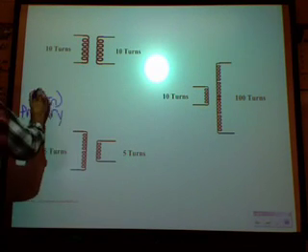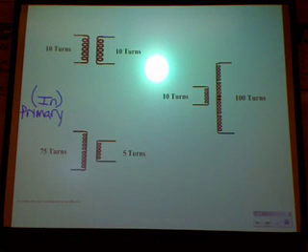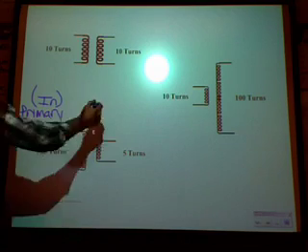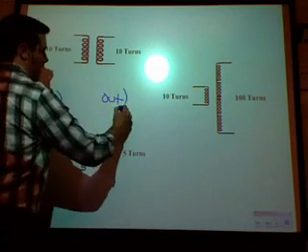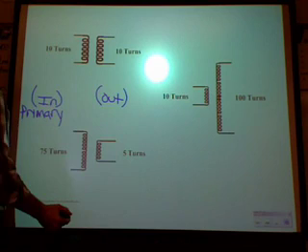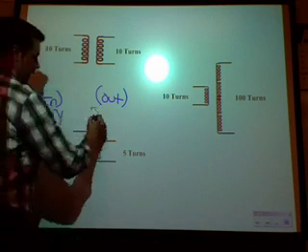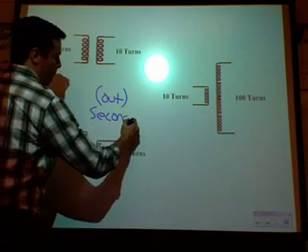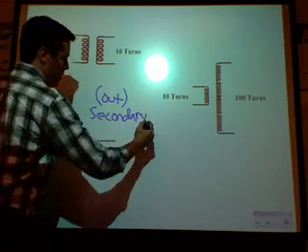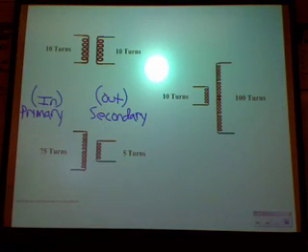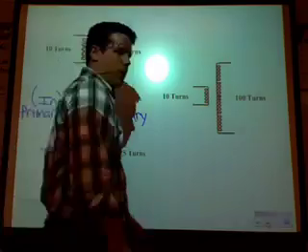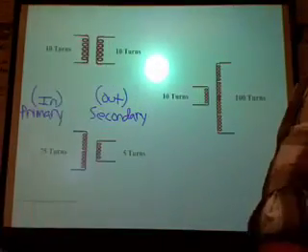Primary. That's the input side. We call it the primary coil. The outside is called the, take a guess, secondary. It's like the first and the second. So the input is the primary, the output is the secondary.